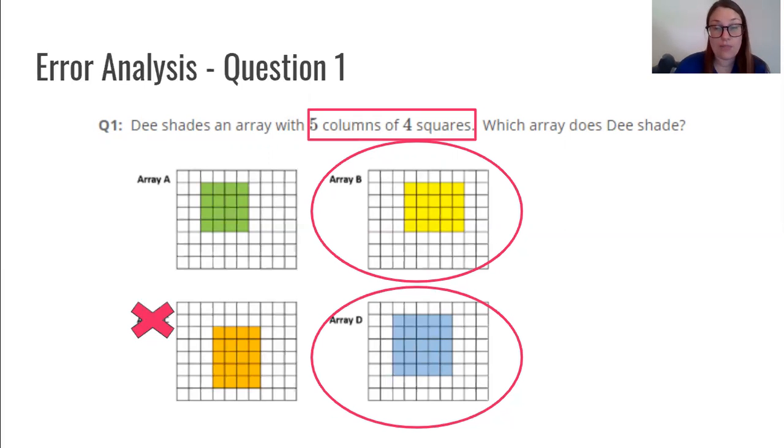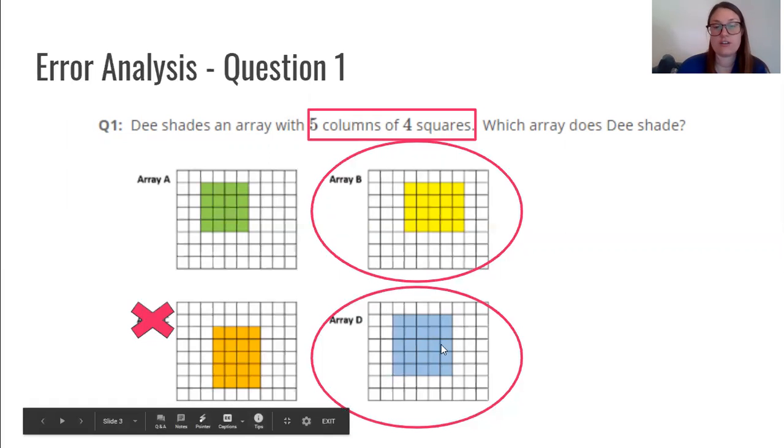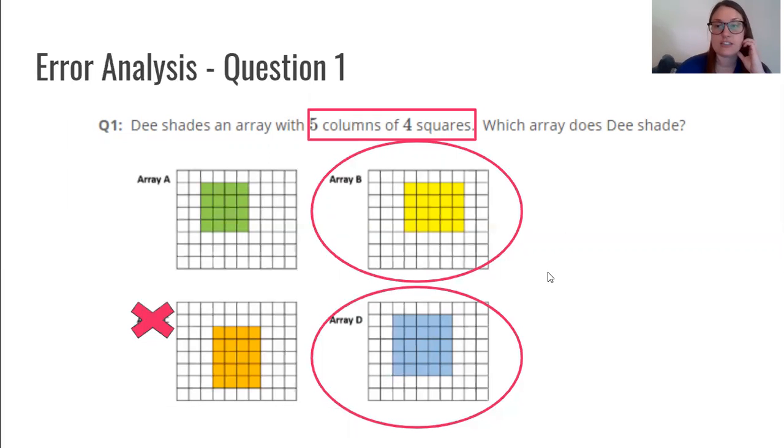Let's go ahead and count them. In array B, there's 1, 2, 3, 4 in each column. But in array D, there's 1, 2, 3, 4, 5. So which one is our correct answer? Which one shows 5 columns with 4 squares in each column?